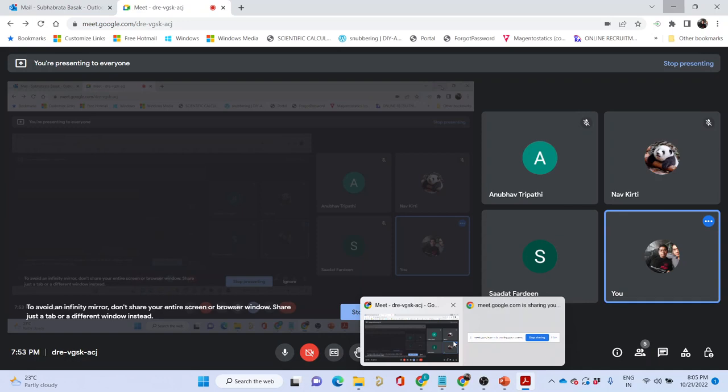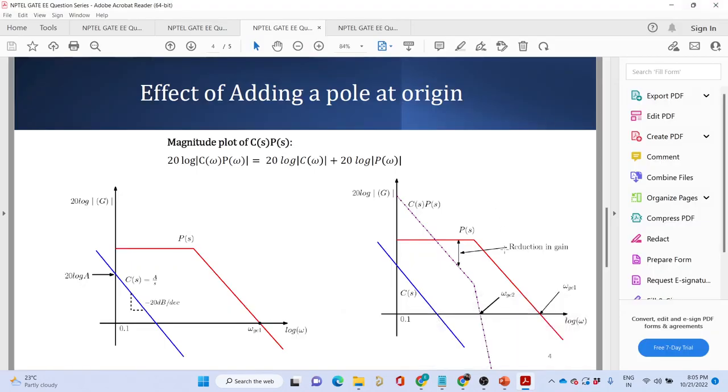Decay to what value? To the DC gain of the system. Right. So you know the response of a second order system to a unit step. It moves from zero to a maximum overshoot, and then it oscillates a bit and then settles down to the DC gain of the system, right?